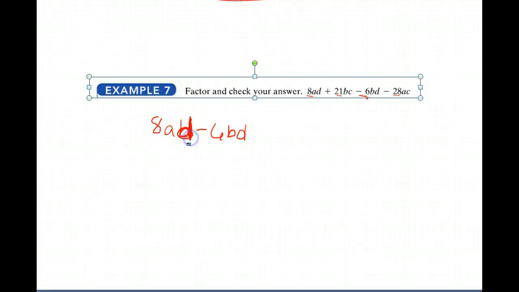I have both of the terms that contain a D written together as well. Then I will have my 21BC minus 28AC as my last two terms, giving me the 21 and 28 that are compatible and the C's as well.